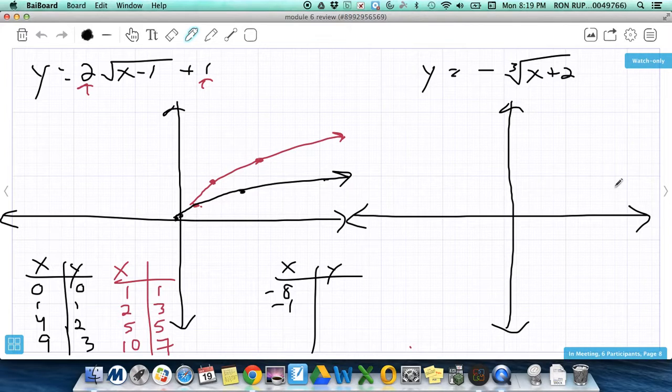That is my parent function of my cube root. And all that's going to change with it is I'm going to change the signs on all my y values and subtract 2 from all my x values. Let's do this one in green. So I'm going to subtract 2 from all my x values.